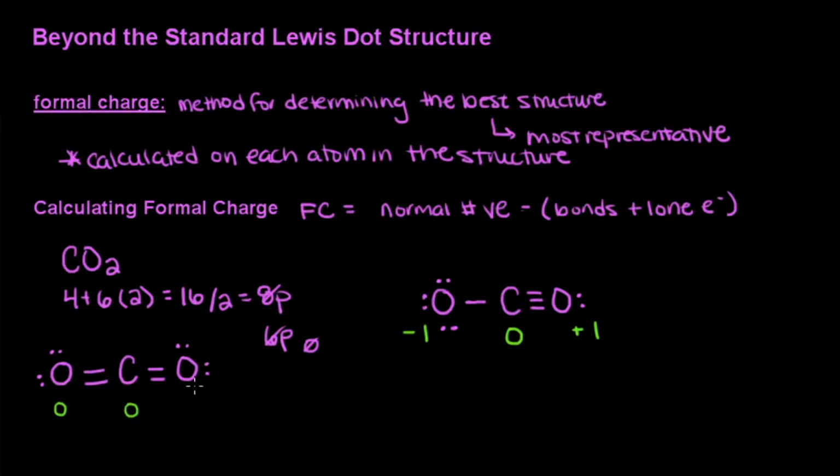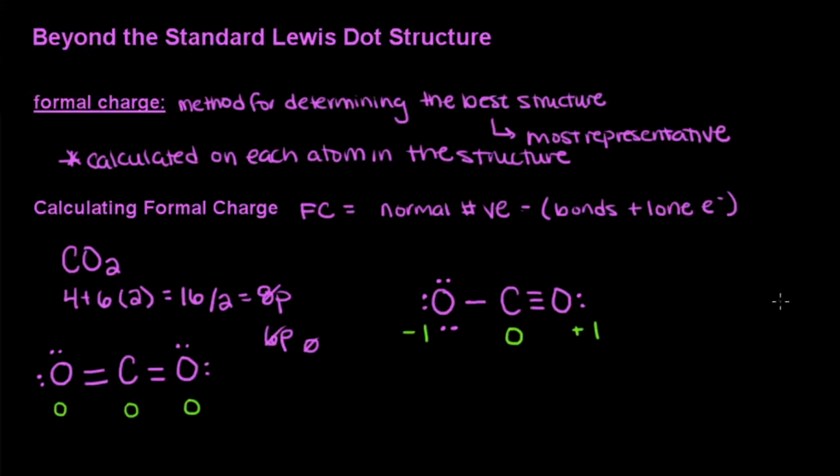Oxygen has 6 valence electrons minus 1, 2, 3, 4, 5, 6. Basically, it's just your normal number of valence electrons minus the things that are drawn on that atom in the structure. Okay, so now we need a few rules for determining which is better, this one or that one.